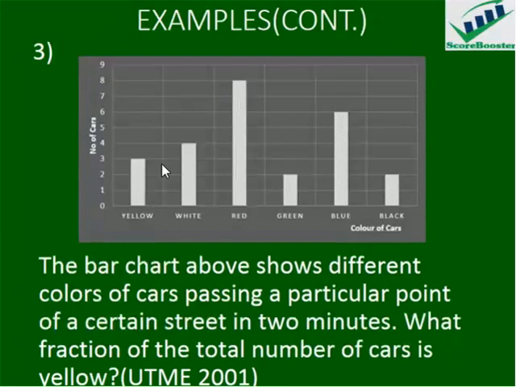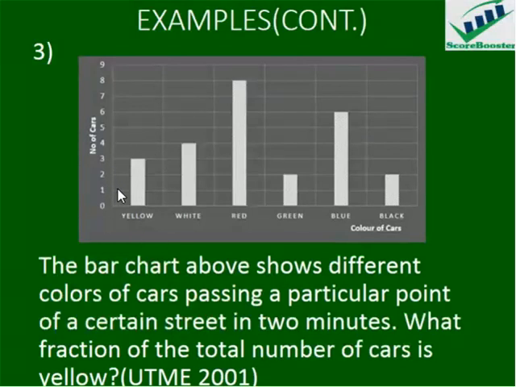So for us to find the total number of cars, as we did in the previous example, we have the frequency of each color of car, which will be 3 plus 4 plus 8 plus 2 plus 6 plus 2. After that, we now take the fraction of yellow cars.